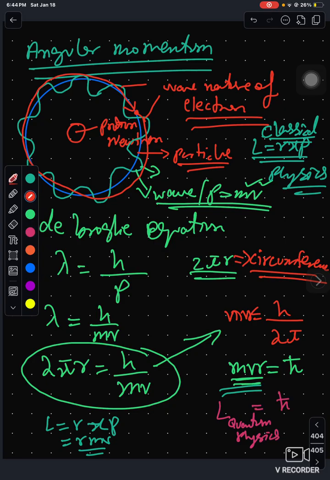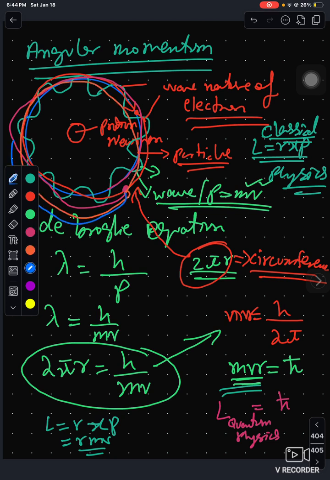Now, when we are talking about the circumference, no matter how many times I go around the circle, I go once, twice, thrice, 4 times, 5 times, whenever I start and no matter how many circles I do, I come back to the same point.